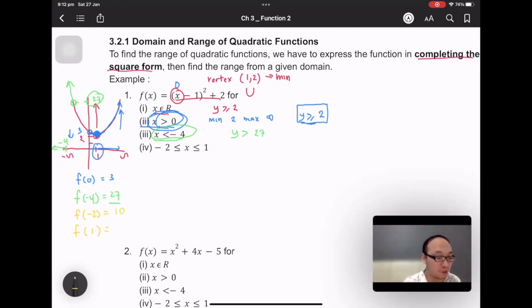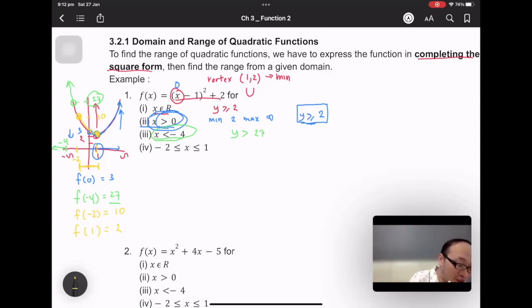And for 1, it is 0 plus 2, which is 2. So from -2 until 1, the domain is only in this interval. The range will be from here to here, and both are inclusive.